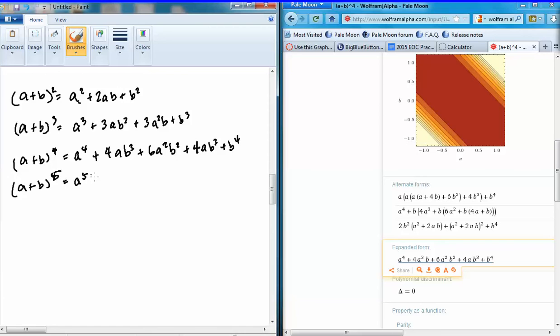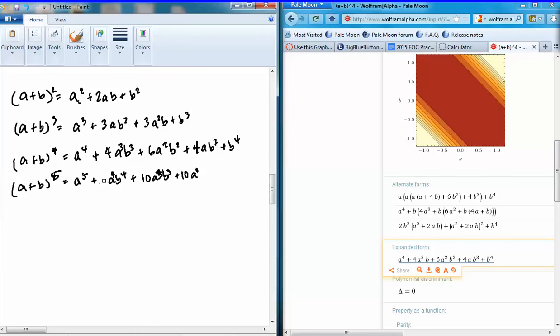That's a to the 5th plus 5ab to the 4th plus 10a squared b cubed plus 10a... wait, no. I messed this up. There should be a 3 right here, and then this one should be 4. Let me just erase this a little bit. Hold on, one second.